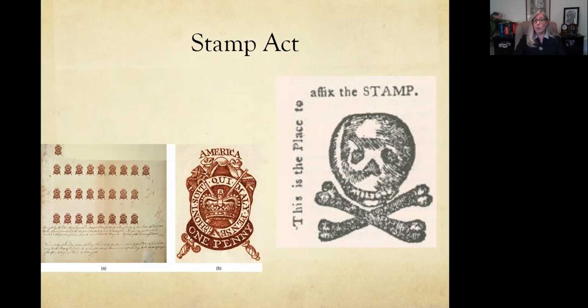The intended audience would be the British government, right? We're not going to participate. This is the place to affix the stamp. We're not going to do it. The purpose here is protest, to protest an unfair tax, to gain some sort of action. They want this Stamp Act repealed.